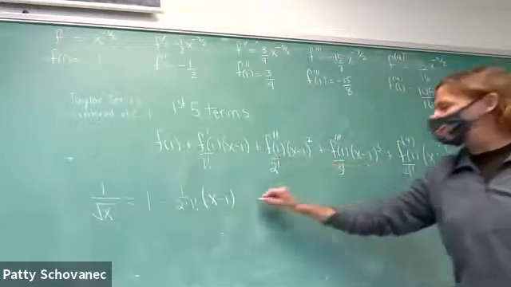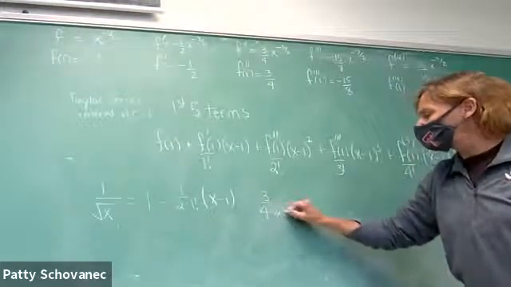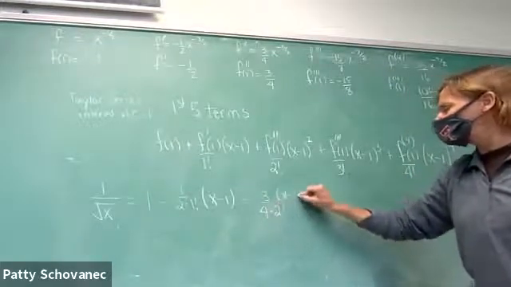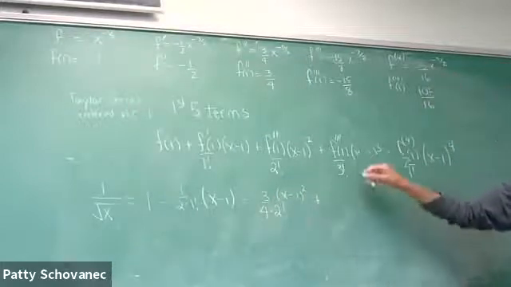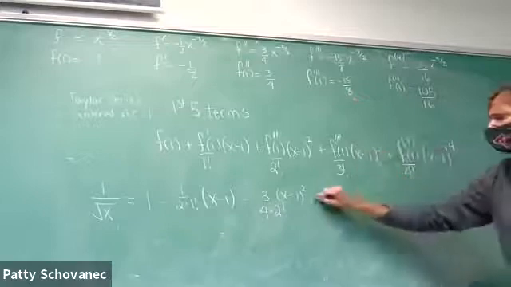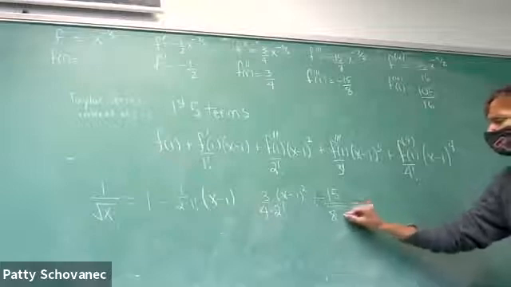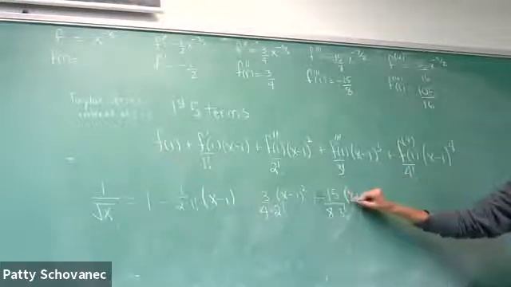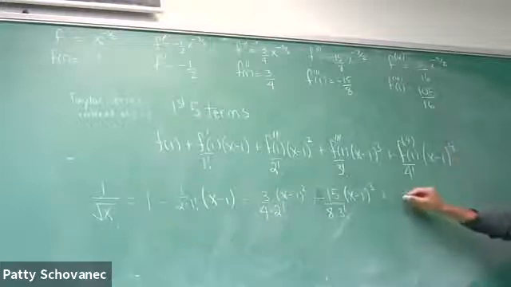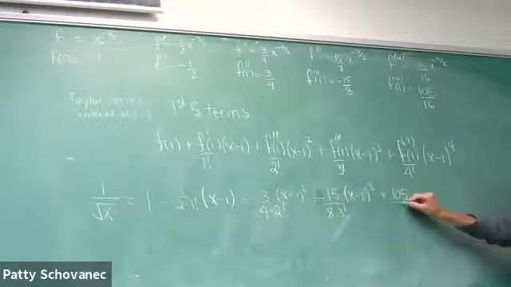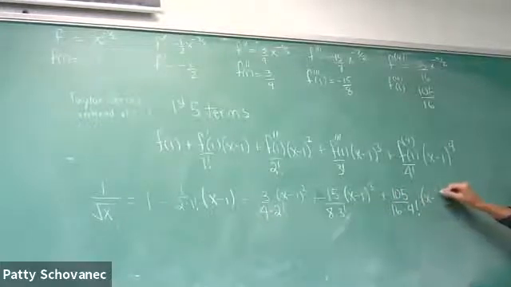Second derivative gives me a 3/4, and then I'll put the 2 factorial right here, and then the x minus 1 squared. Third derivative was negative 15 over 8, and there's the 3 factorial, and the x minus 1 cubed. And then plus 105 over 16 times the 4 factorial times x minus 1 to the 4.